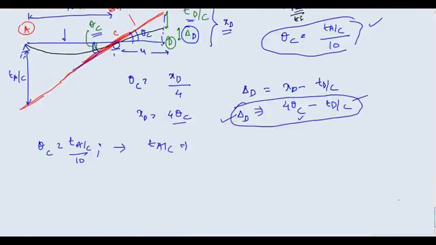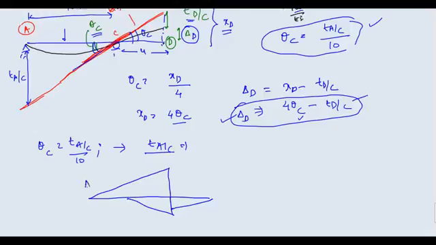Very simple, because your bending moment diagram is something like this. I am drawing it here again because you have to go back. Something like this and this. So T A by C, point A is here, point C is here. T A by C means area multiplied by the distance of its CG from point C. Suppose I'm talking about this red triangle, and the CG will be somewhere here.